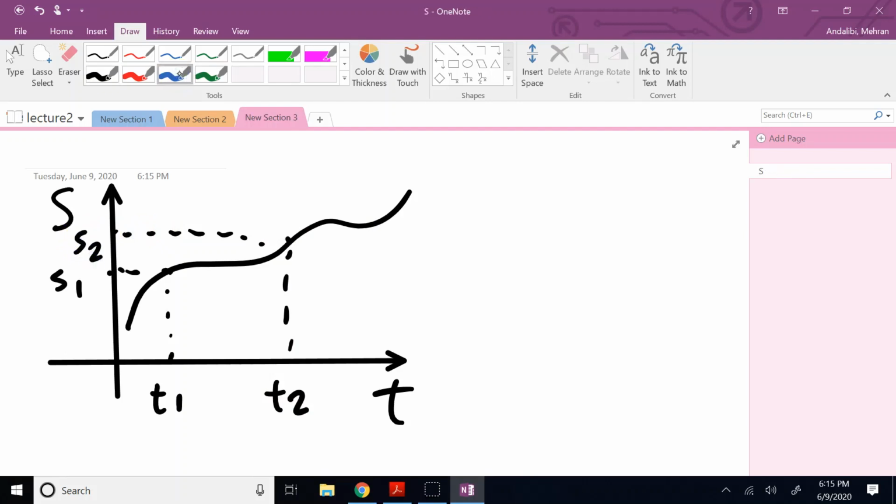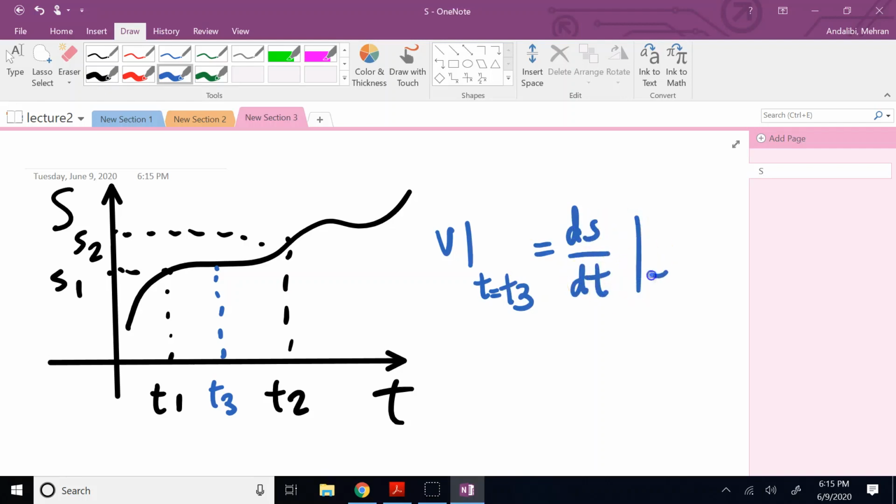Okay, so let's call this point also t3. If I say what is velocity at point t3, that is the slope of the tangent line, right, at that point. So it's not a big deal.